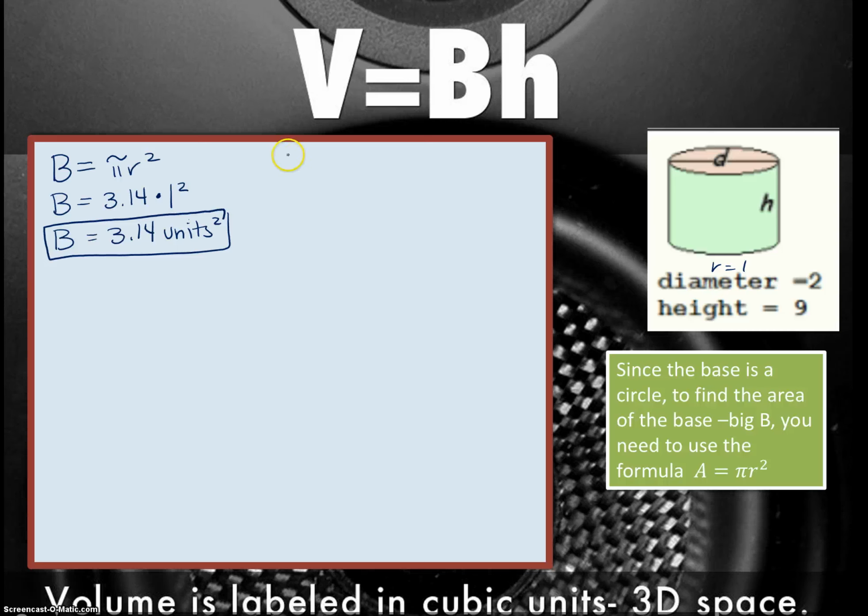Now to find the height, when I isolate for the height, it's the number that hasn't been used, and it's already given to me here as 9. I just need to add a label of units. Pause the video and find the entire volume of the cylinder.